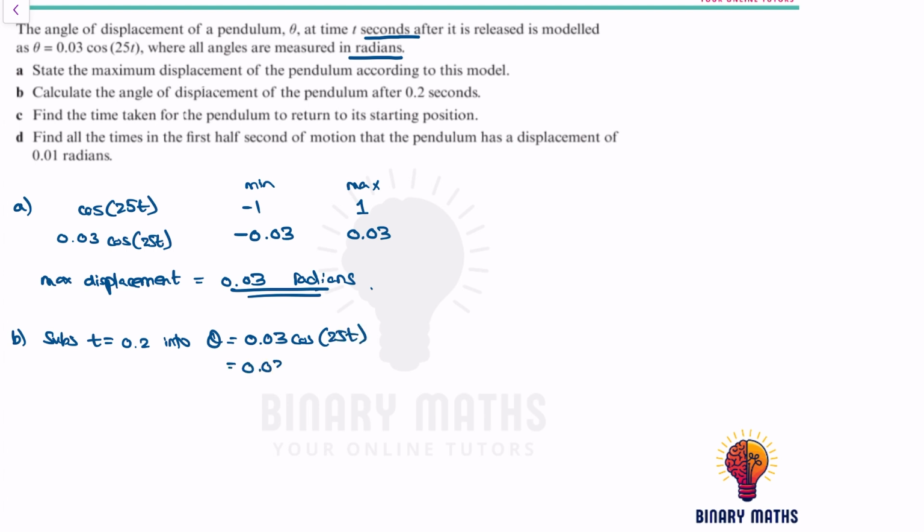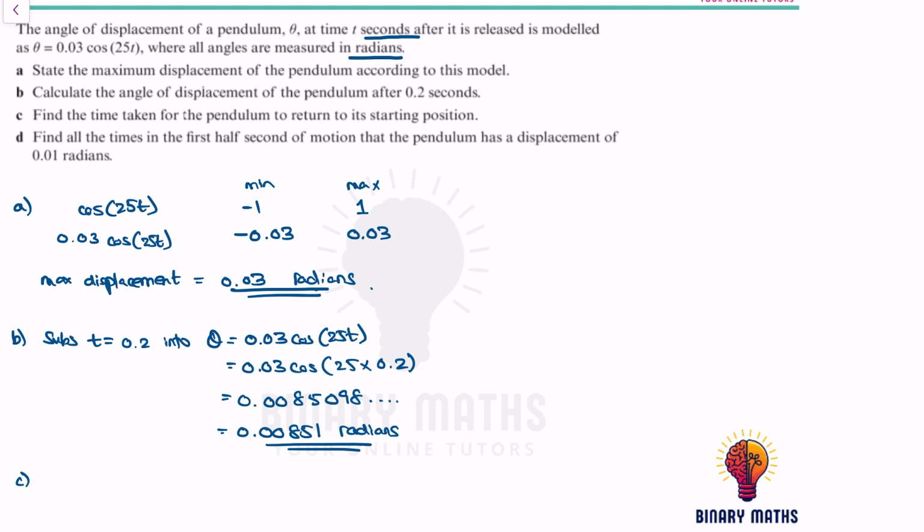So 0.03 cos of 25 times 0.2 is equal to 0.008598... I round it to 3 significant figures, I get 0.00851. Again, because it's theta we're measuring, the units are radians.